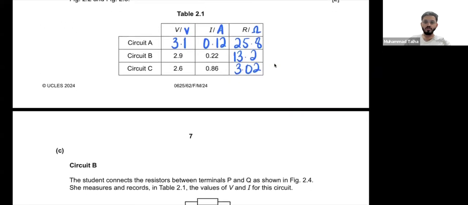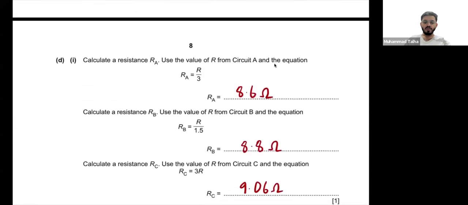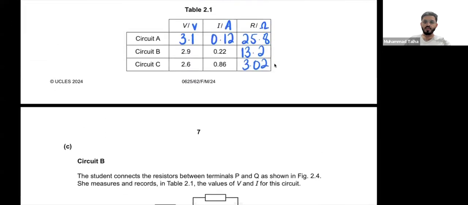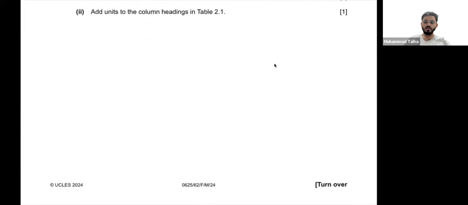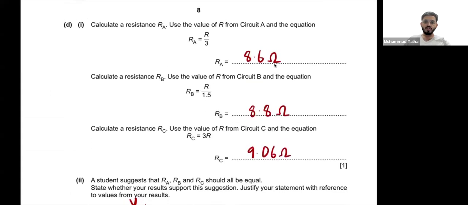You divide this by 1.5. And similarly, the last one, you have to use the value of R from circuit C. So RC is 3R. So 3 times 3.02 must be 9.06, which it is. And now we have all of these values for the resistances RA, RB, and RC.